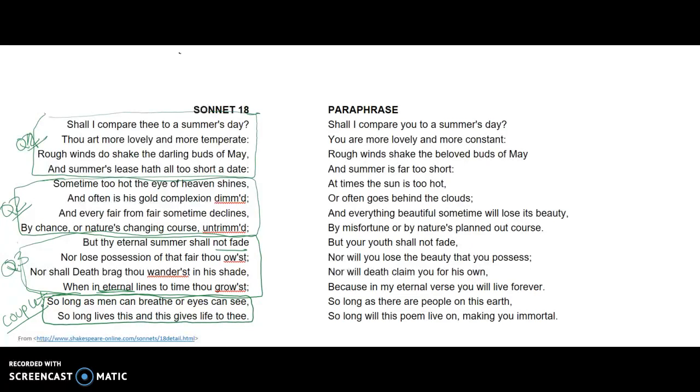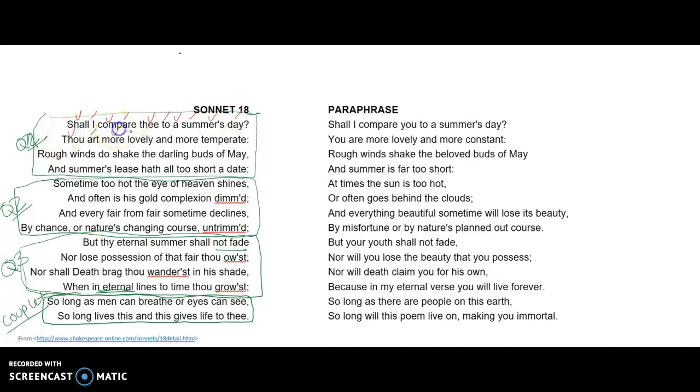So let's now look at the individual lines. I will read the first 2 out loud, really stressing the iambic pentameter. Shall I compare thee to a summer's day? Thou art more lovely and more temperate. Let's see. Shall I compare thee to a summer's day?